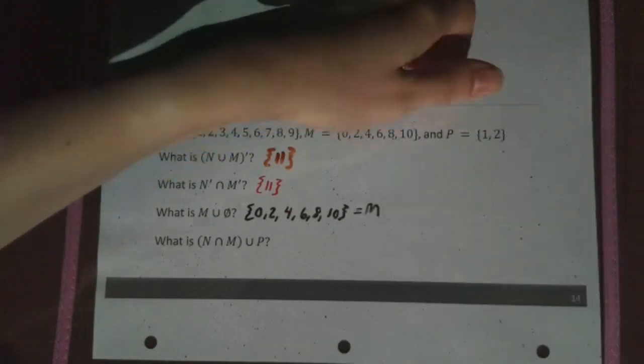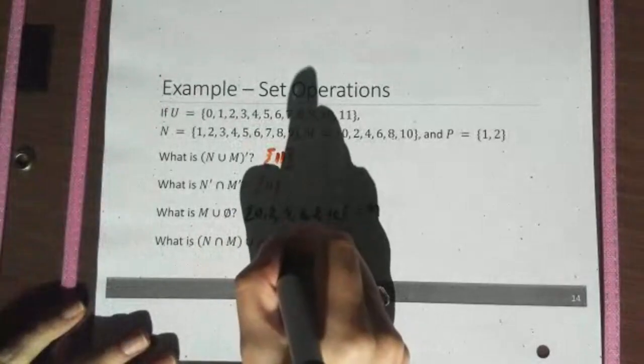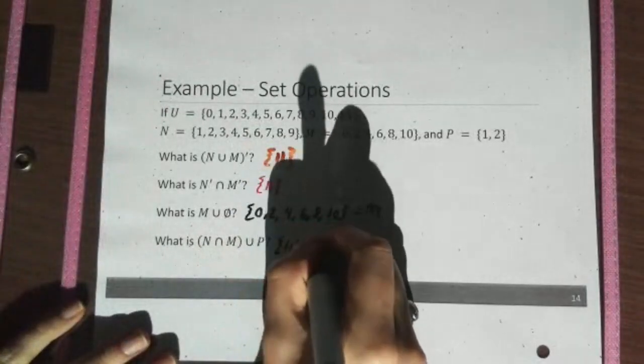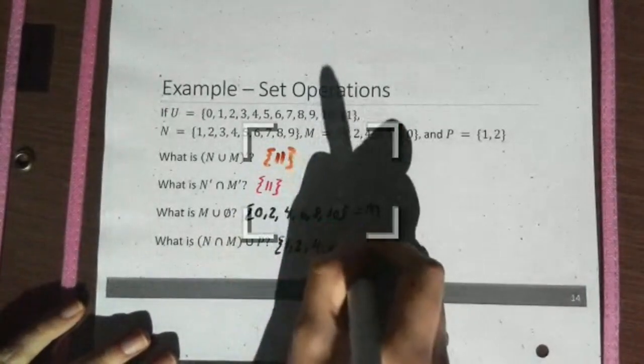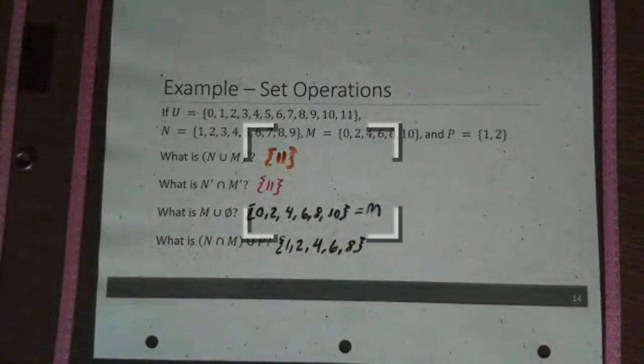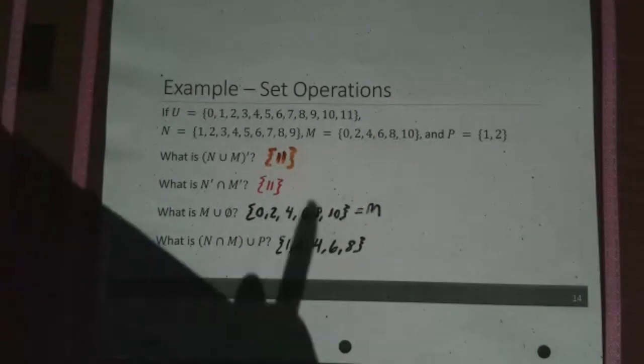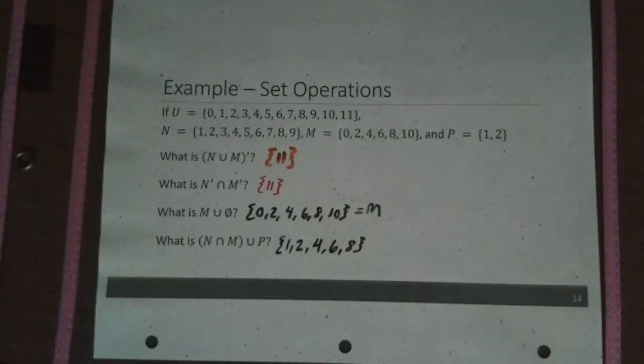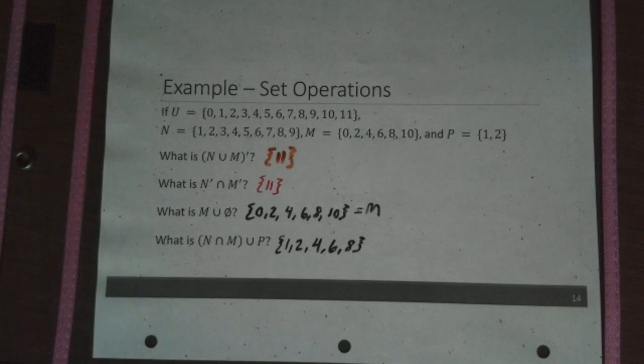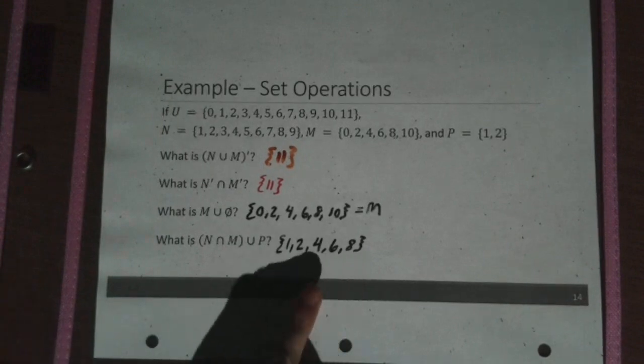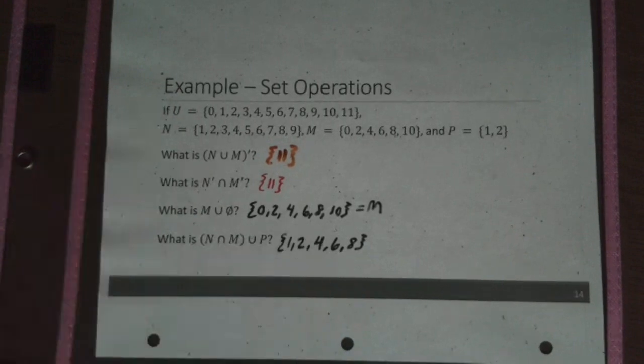So that means when I union them, I will have 1, 2, 4, 6, and 8. Again, when it comes to curly brackets, when we're dealing with sets, order doesn't matter. So if you wrote the 1 last or put them in some random order, that's totally okay. As long as you have curly brackets on the outside and the numbers 1, 2, 4, 6, and 8, your answer is good.